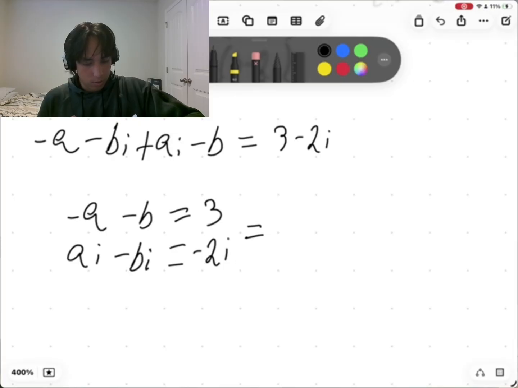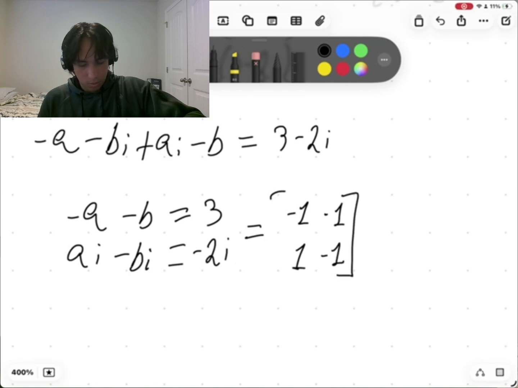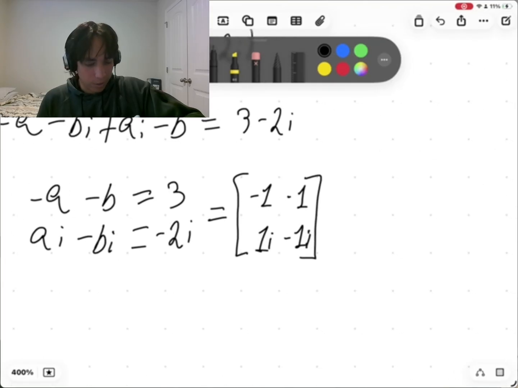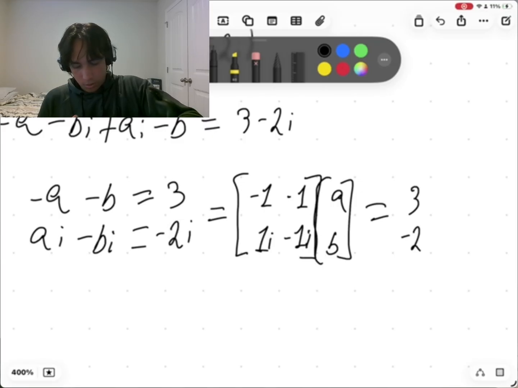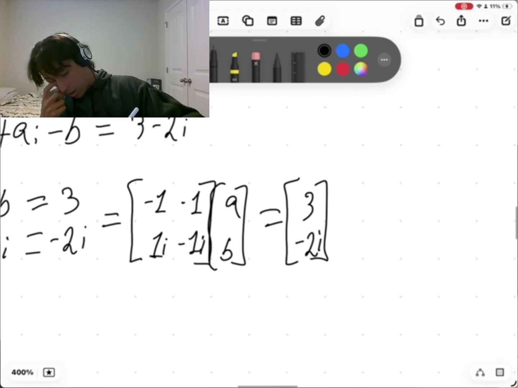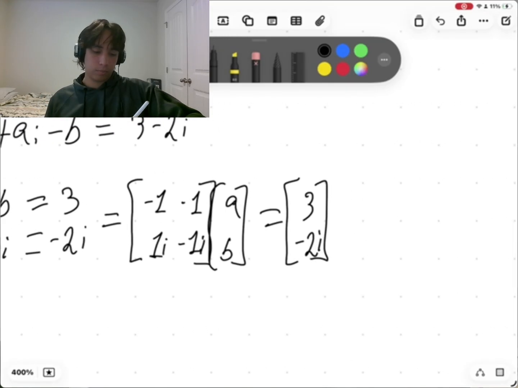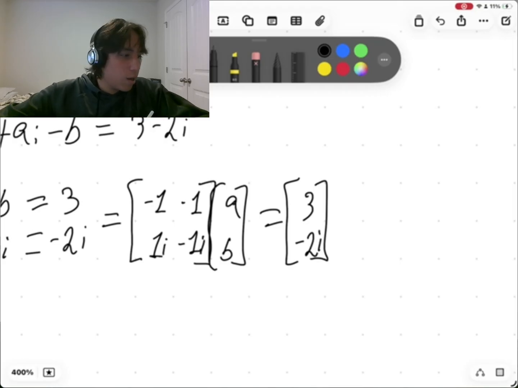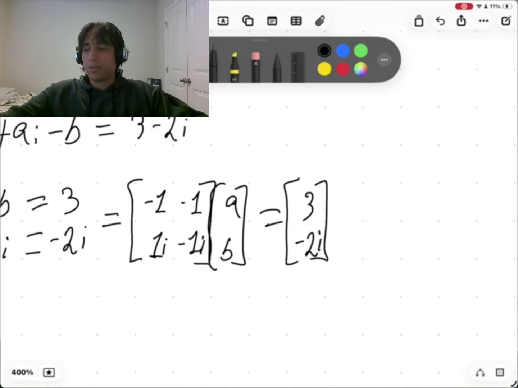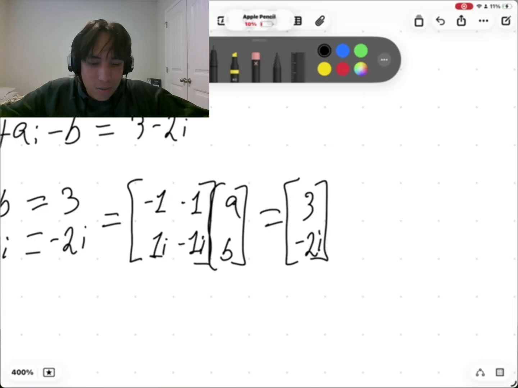And we can put this into a matrix, right? So we get -1, -1, 1, -1. Actually, it's like i, but it's going to be the same either way. a, b, right, equals 3, -2i. And actually, for this one is pretty simple, so I'm not going to use my calculator for this.